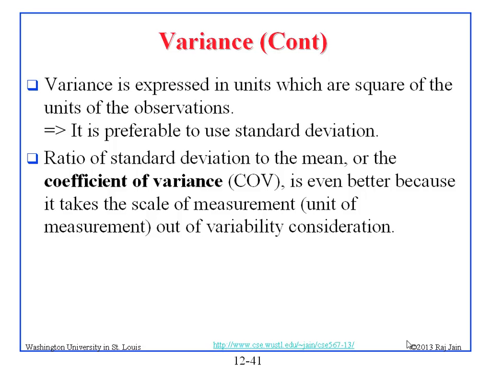What is wrong with its unit? It is the square of something, so that is not easy to interpret. A better thing is standard deviation, and even better than that is the coefficient of variation, which has no units. Standard deviation has the same unit as the quantity we are talking about, and coefficient of variation is dimensionless. Dimensionless is always better than dimensions.